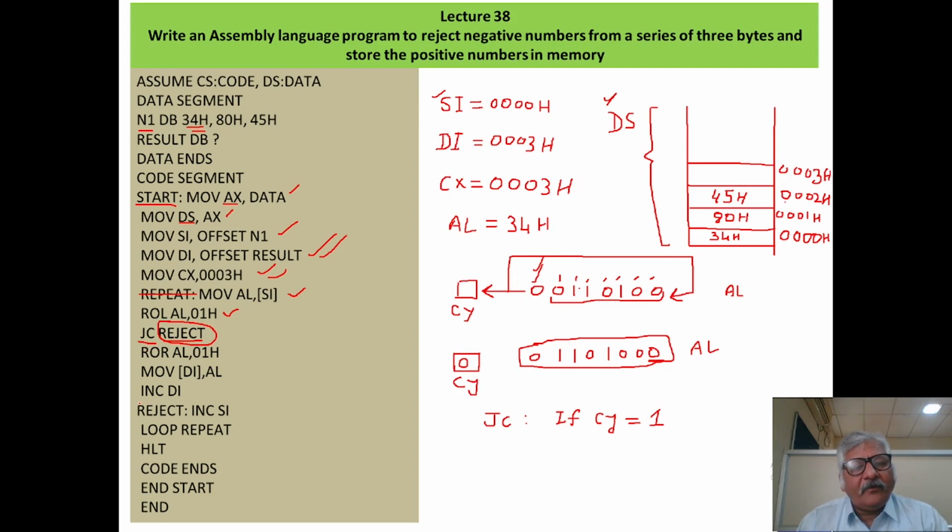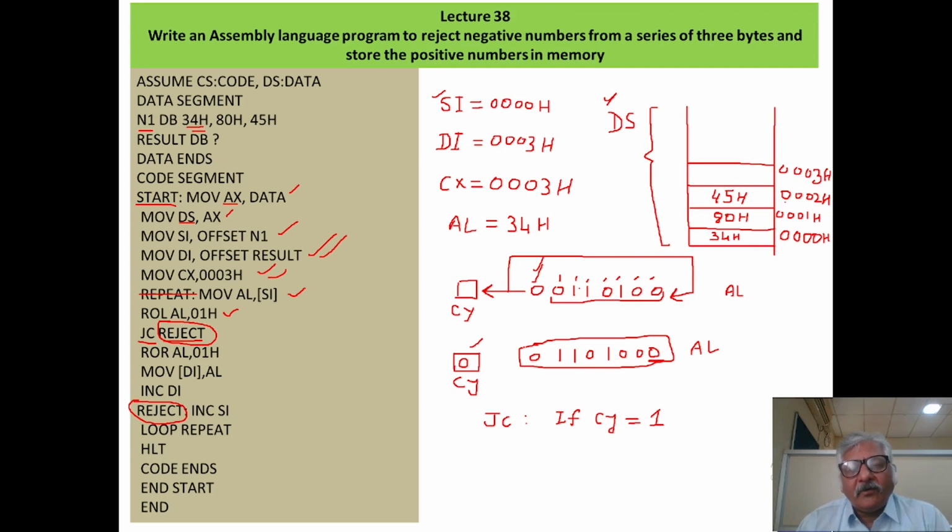So here we have written the reject. The program sequence will come here, because if carry is there, then we have to reject that number. But if the carry flag is not 1, then what will happen? For example, in this case, whatever we discussed just now, the carry flag is 0. This means the number is positive.